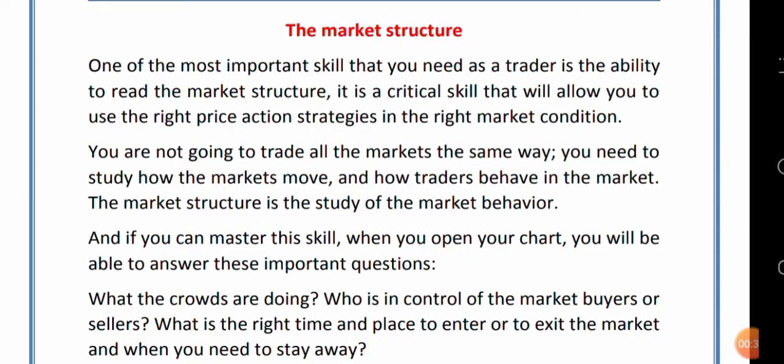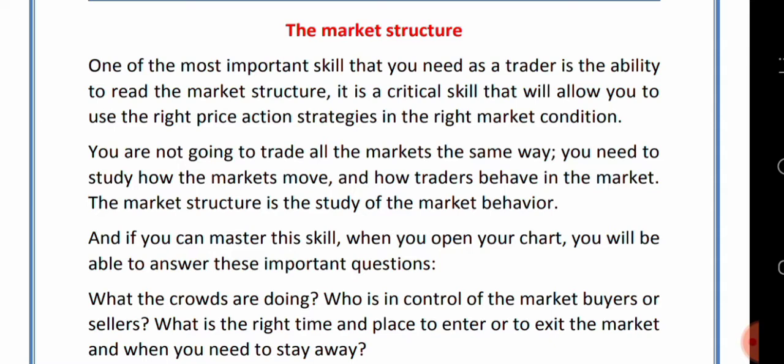Alright, the market structure. Before we start, you need to understand that before you place any order or any trade at all on your MetaTrader application, you need to understand the market structure. You need to know what the candlesticks are telling you.